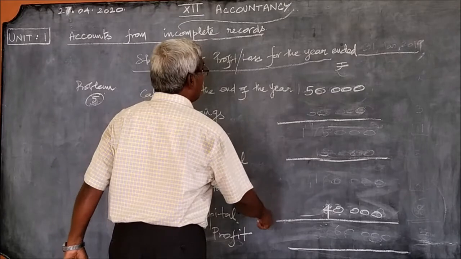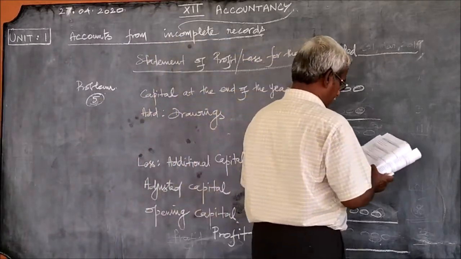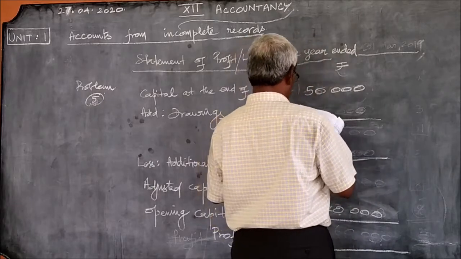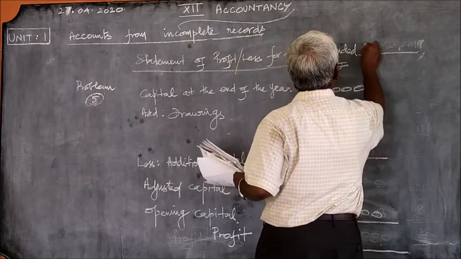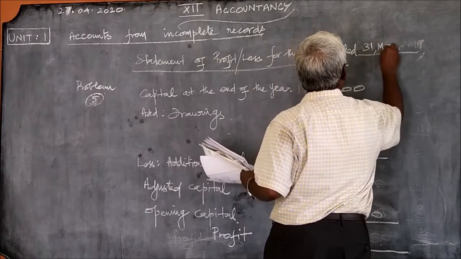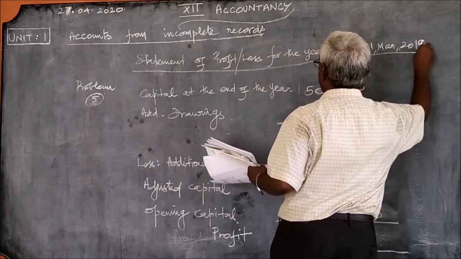So, opening capital 40,000, capital at the end of the year 50,000. This is the date on which the statement is prepared.